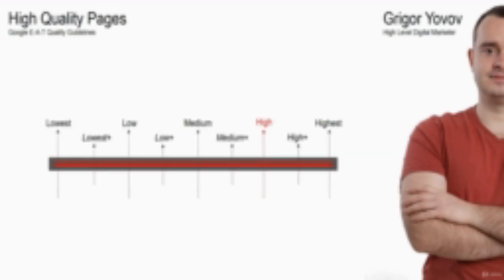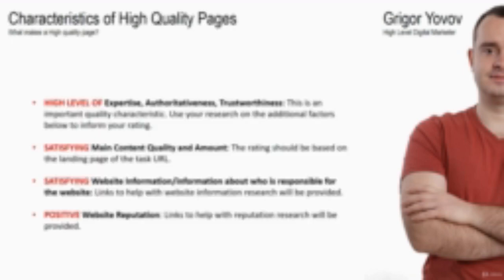Hello, in this video we will look at the high page quality rating at the high point of the scale, and in order to get this high grade, according to Google, you need to have a high level of expertise, authoritativeness, and trustworthiness.